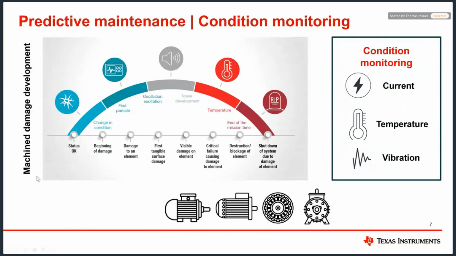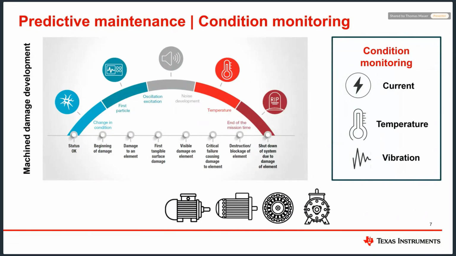First of all, the machinery works well, and at some point in time, there is a change in the condition, which is shown here as the beginning of the damage. It could be that some gear gets a small damage, and there's a first particle now in the system which can cause more damage.